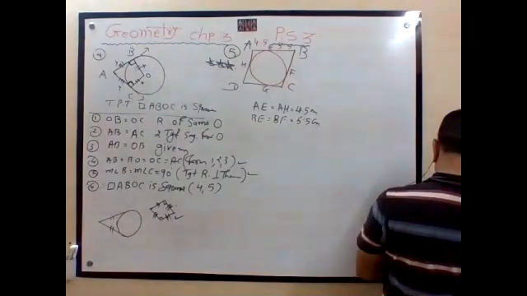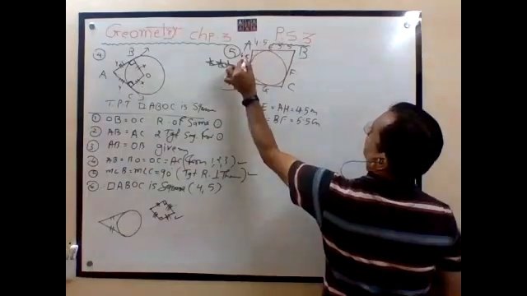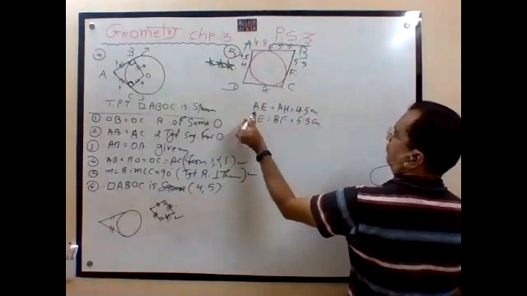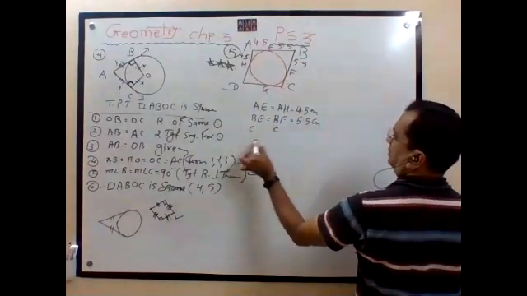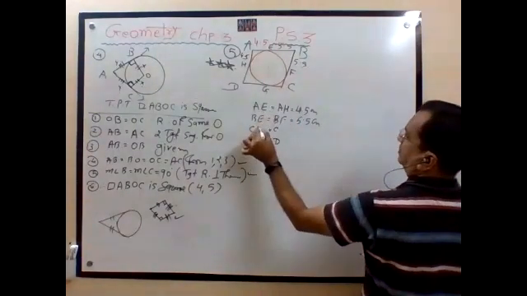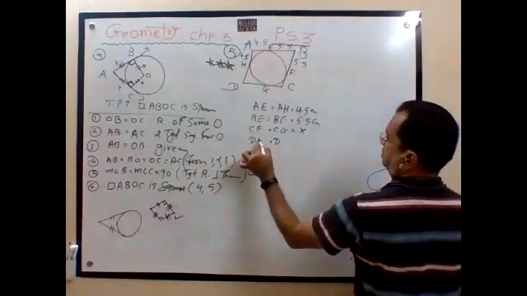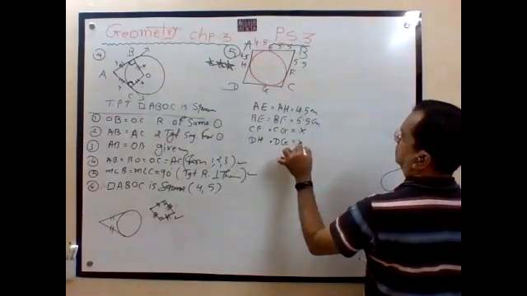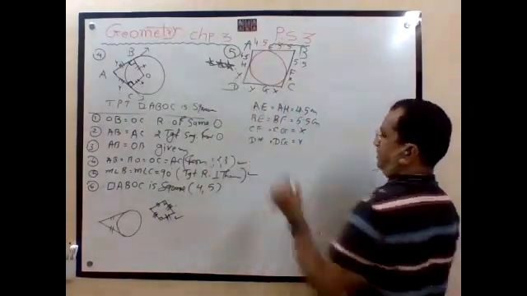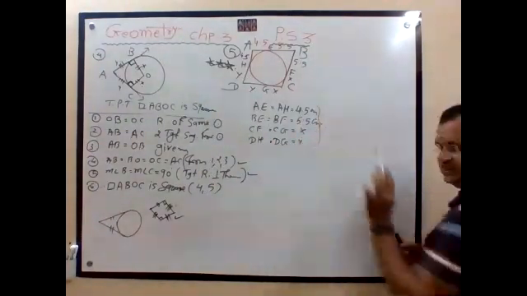So this is 4.5, this is 5.5. Now from A common, B common, now C common, then D common. From C, CF and CG; D, DH and DG. So this is X, X, this is Y, Y. What is the reason? Common reason you can write.